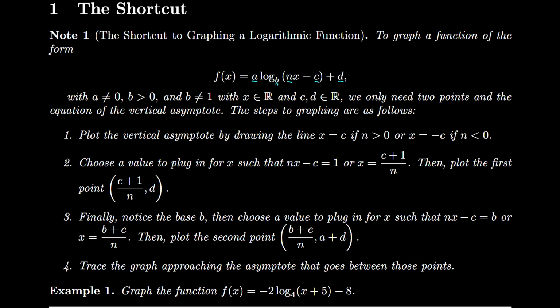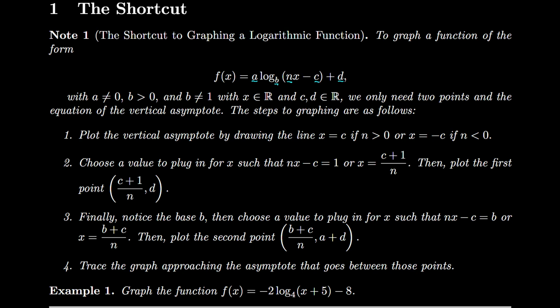We plot the vertical asymptote by drawing the line x equals c if n is greater than 0, or x equals negative c if n is less than 0. So that's the first thing we do. The line x equals c, x is locked in at c, will always be a vertical line, and that's going to tell us exactly where this thing goes. So keep that in mind.